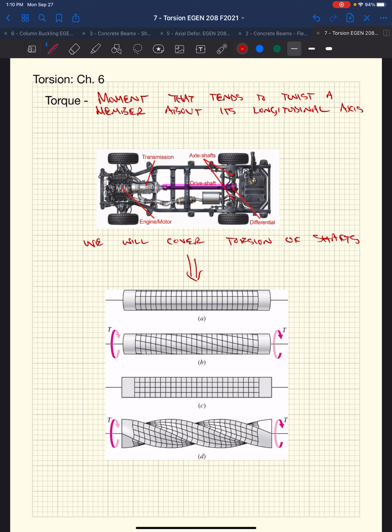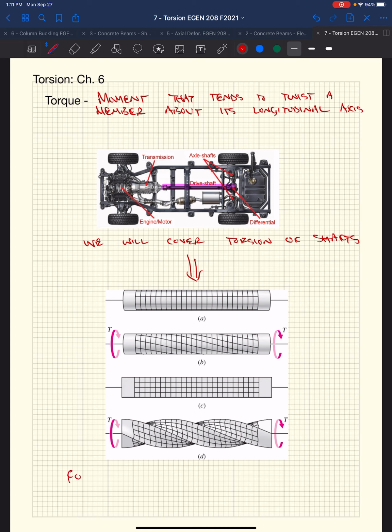This shows you the grid and how this grid of lines displaces as the shaft torques or twists. When you get a square cross section, you get really weird stuff that happens at the corners where you get warping, and actually the shaft starts to displace in the axis of the shaft as you start twisting it, which gets weird, okay? So we're going to focus mainly on these two here.